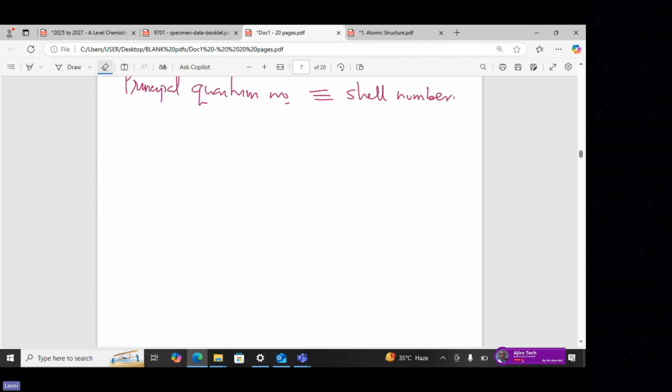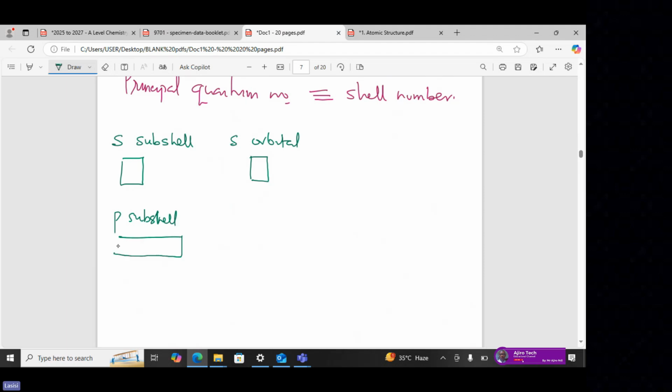Now look at this. S subshell, S orbital. An S subshell contains one orbital. P subshell, there are 3 orbitals there.